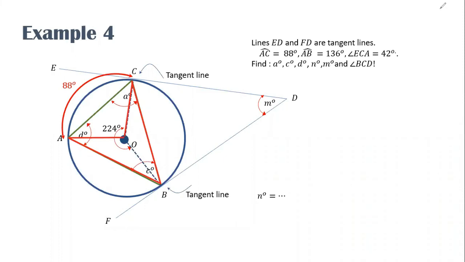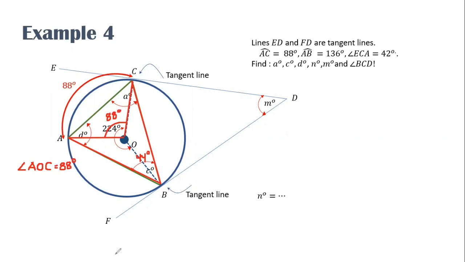So what is the information? The information is angle AOC is 88 degrees, right? Angle AOC equals the arc angle, which is 88 degrees. So automatically we find c degrees is 44 degrees.